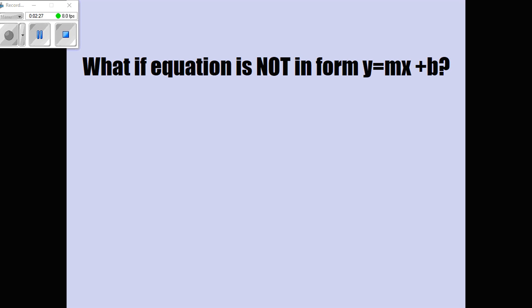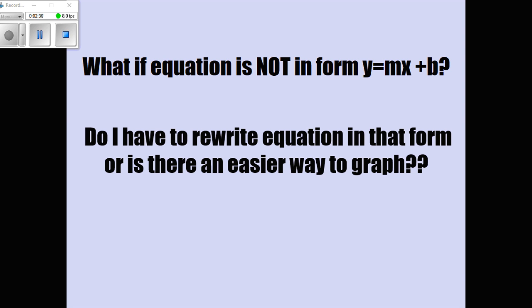All right, so now what if the equation is not in y equals mx plus b form? Well, now we have a problem because everybody thinks we got to get it into y equals mx plus b form, but we don't. We don't have to rewrite the equation in that form. There is an easier way to graph.